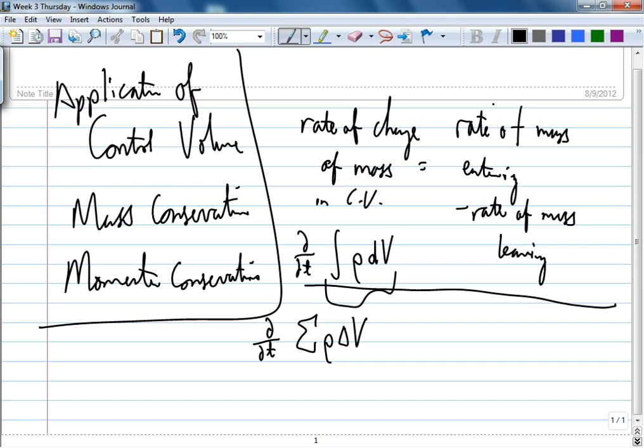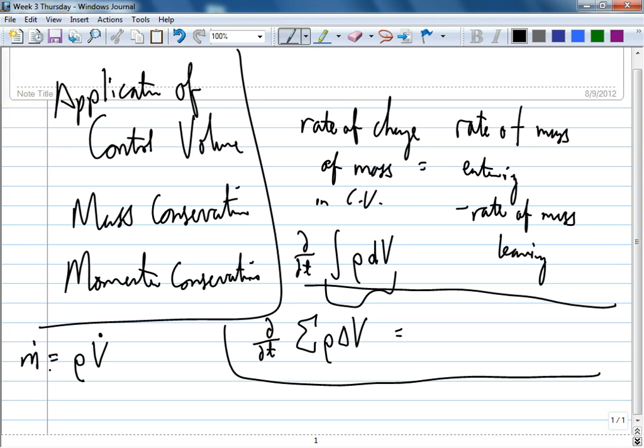Mass entering or mass leaving the control volume equals this part here. If mass enters the control volume, it's the density times the volumetric flow rate. This is the mass flow rate, m dot, like 1 kilogram every second.